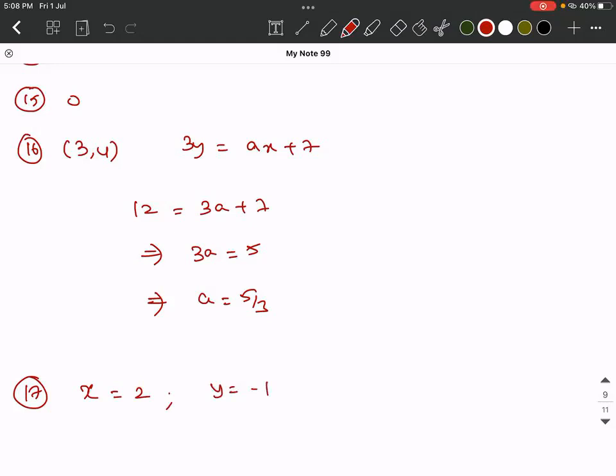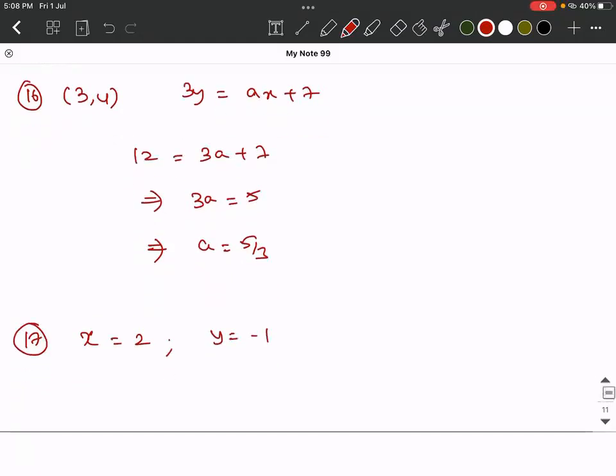They intersect. X is equal to 2 and y is equal to -1. They intersected at 2 comma -1. That's the answer. So they intersect at the point (2, -1).